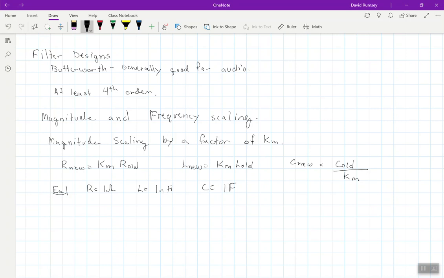And we are saying that I want to use a resistor of 10 kilo ohms. We can determine Km by saying my new value of the resistance is Km times 1 ohm, so Km is just 10,000.